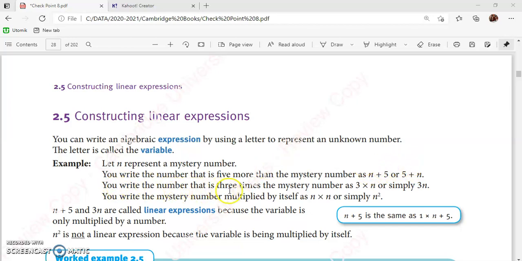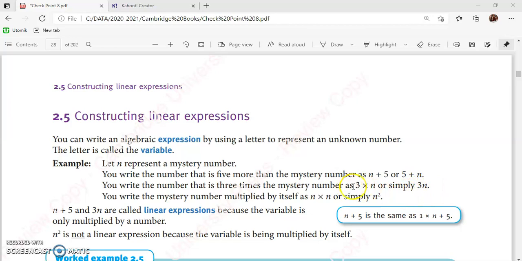Write the number that is 3 times the mystery number. 3 times means multiplication, so it's 3 times n, because the mystery number is n, or you can simplify it into 3n.